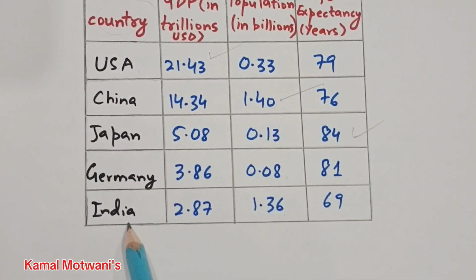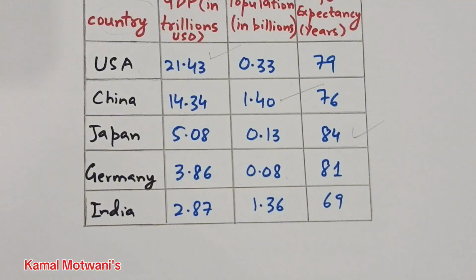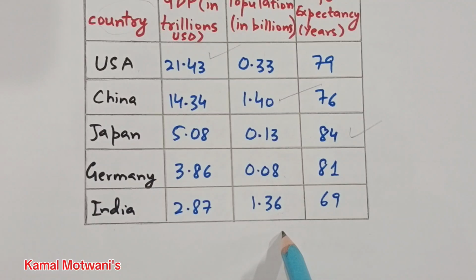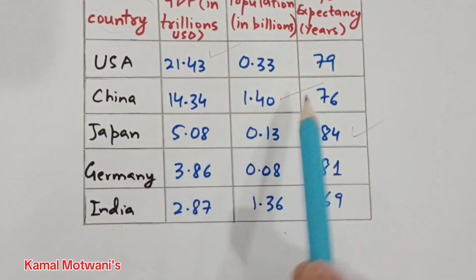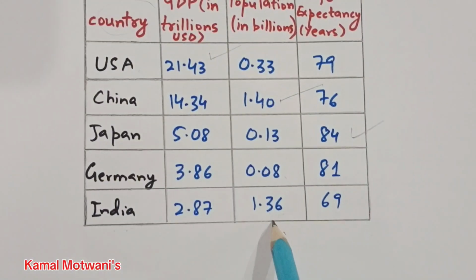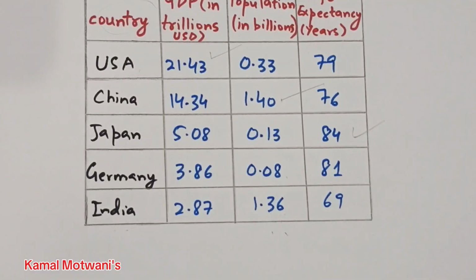Because after China, India is the second country which has the highest population, which means we can say that India is the second largest country with the population, or India has the second largest population in the world. See, 1.4 and 1.36, so it is the country with the second largest population in the world.